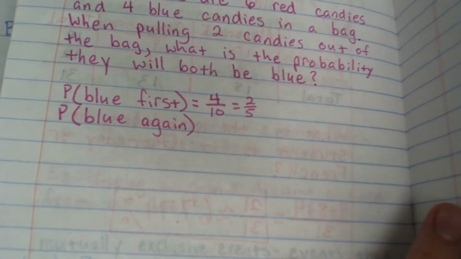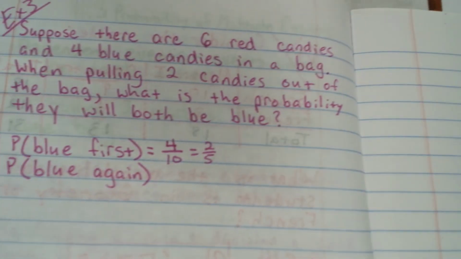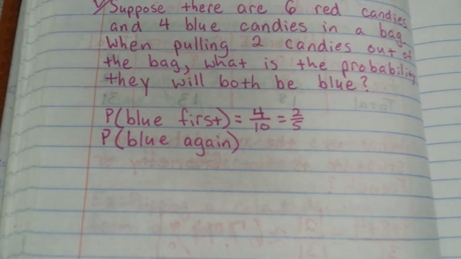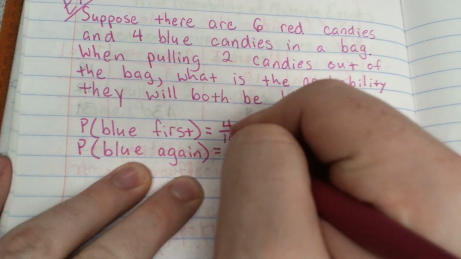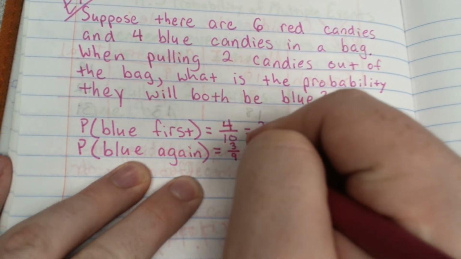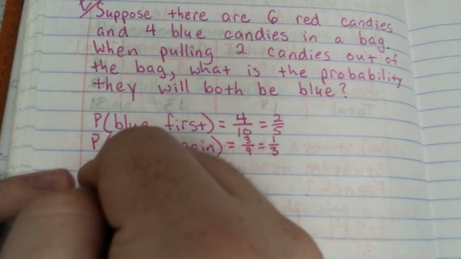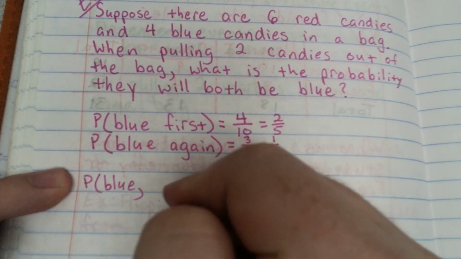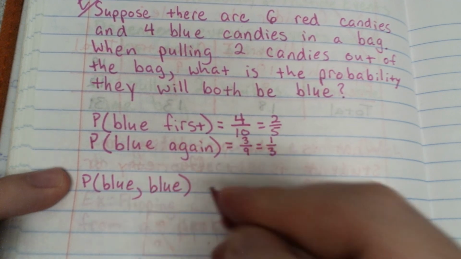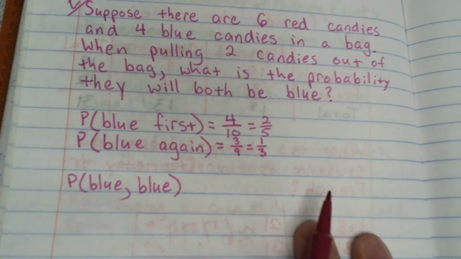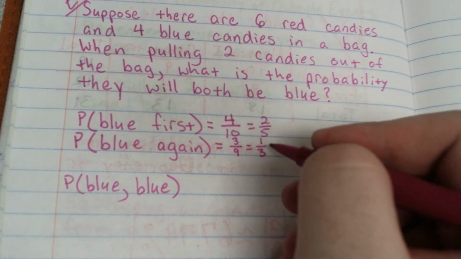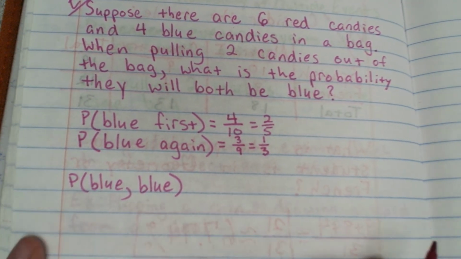Because we've taken a blue candy out, which means we've taken a candy out. So both the numerator and the denominator change the second time around here. There are 3 blue candies left and 9 total candies left, which is a third. So the probability that we get blue for both of them, again, it comes from multiplying the individual probabilities, but we had to find them because they are dependent and therefore they weren't the same in this case.